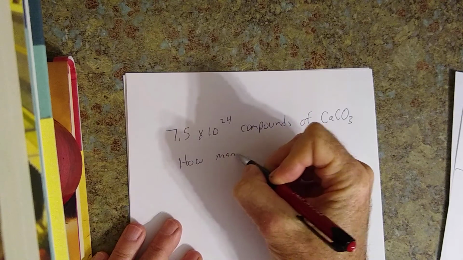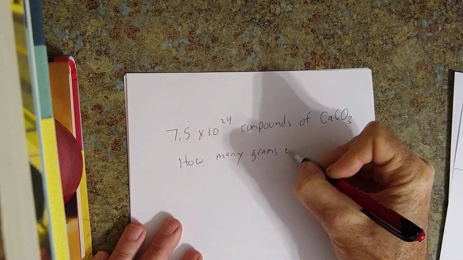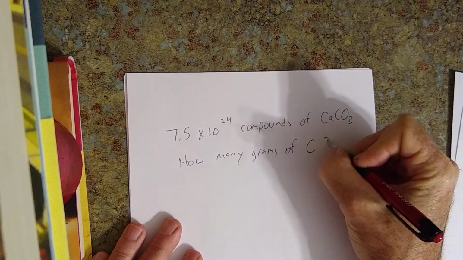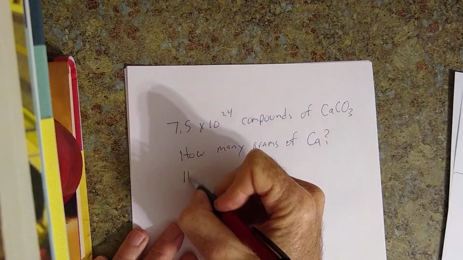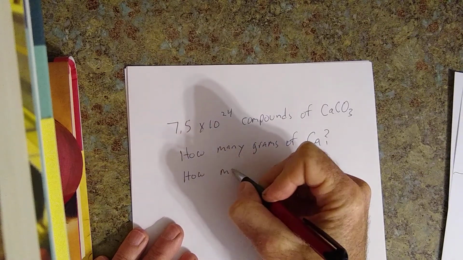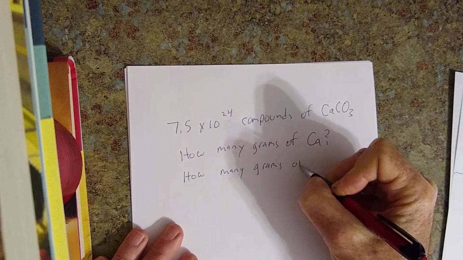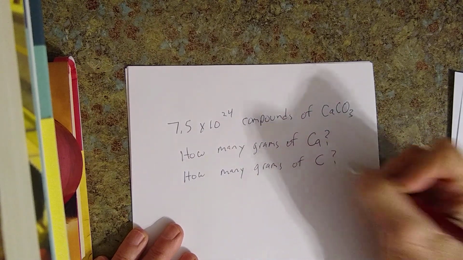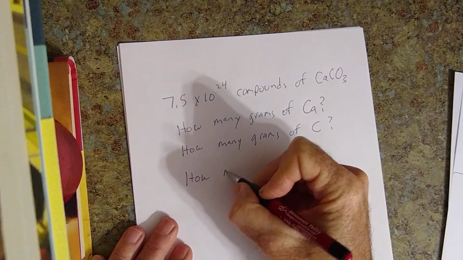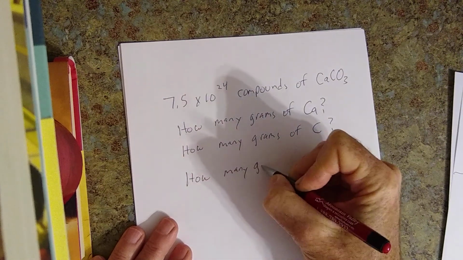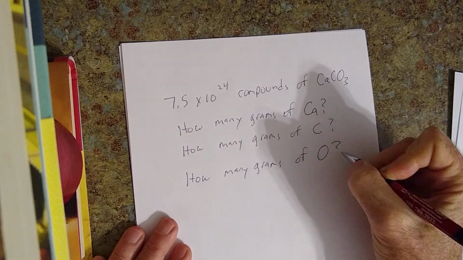How many grams of calcium do you have? How many grams of carbon do you have? And lastly, how many grams of oxygen do you have?